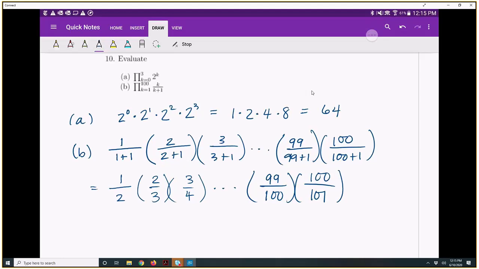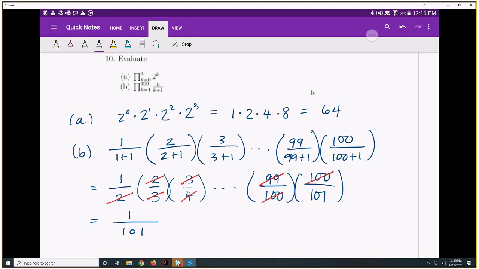And what I can see here is that I'm actually going to get a lot of cancellations. 2 will cancel with 2, 3 will cancel with 3, and I didn't write the next term, but the next term would be 4/5, so I know that 4 is going to cancel with that 4, and this is going to keep happening all the way down the line. Here I didn't write the previous term, but it should be 98 over 99. So 99 will cancel with the 99 that would be on the bottom here. 100 will cancel with 100. So all that's left is 1 over 101.